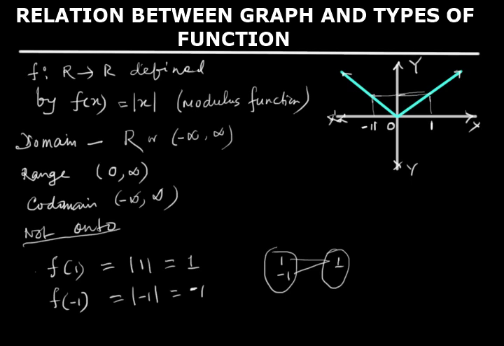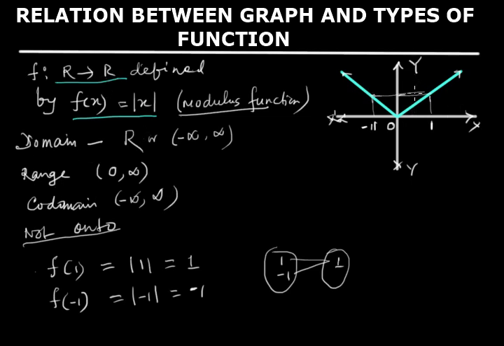So now this is the graph of the modulus function. In case of the modulus function, f(x) equals this. Here f is defined from R to R, that is, from the set of real numbers to real numbers.